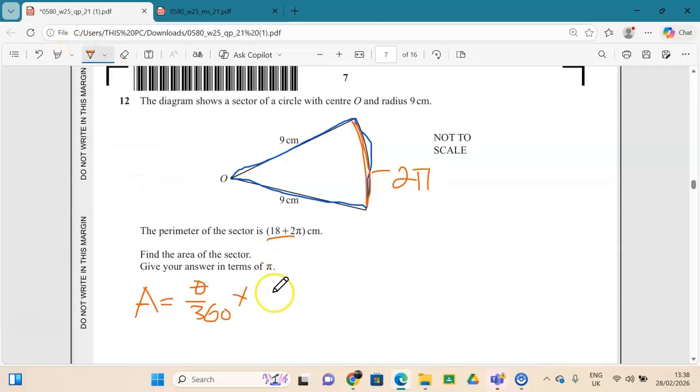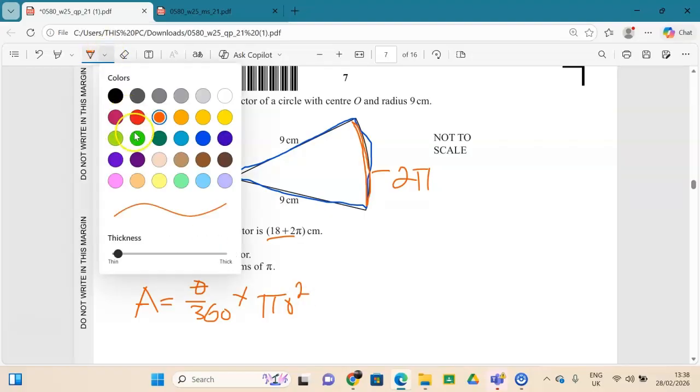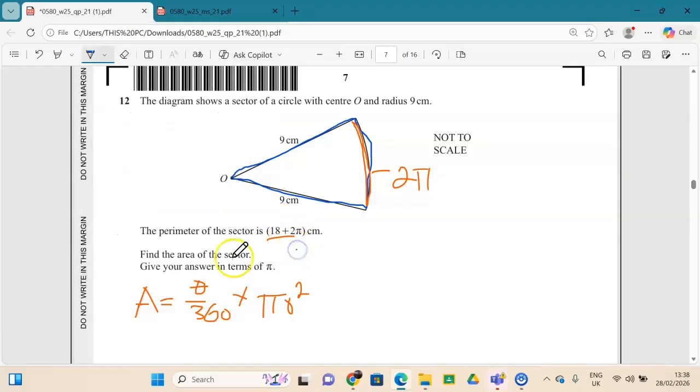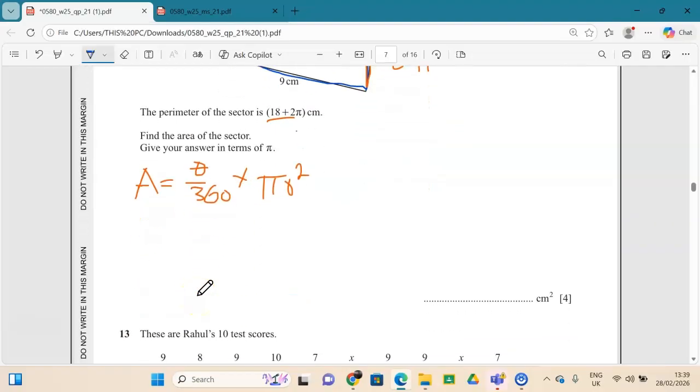So that is the formula for calculating the area of a sector. But something is missing. We have every other piece of information. We have our radius, and we can express our answer in terms of pi, but we don't have theta. So what do we do?